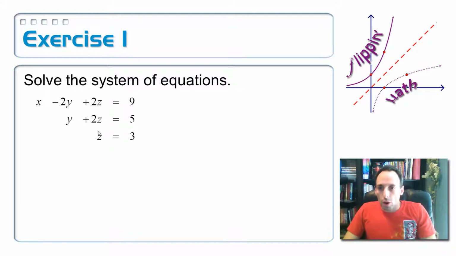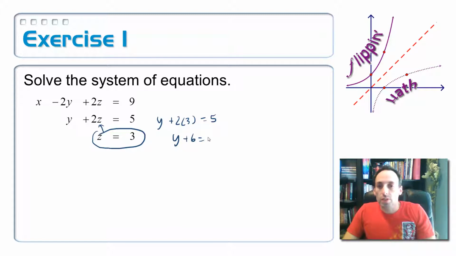For example, I already have my answer for z. So if I wanted to find y, just take that 3, stick it in for z in the second equation, and I can get y really quickly. So y plus 2 times 3 is equal to 5. y plus 6 equals 5, so y is equal to -1. Okay, and then finally by substitution I can put both of these into the top equation to find out what x is.